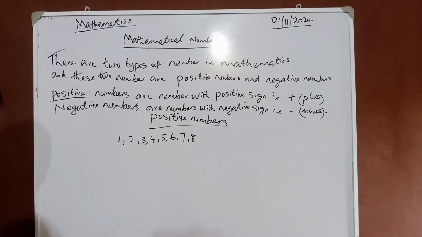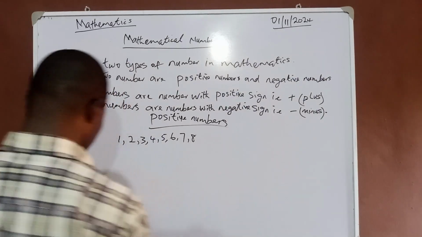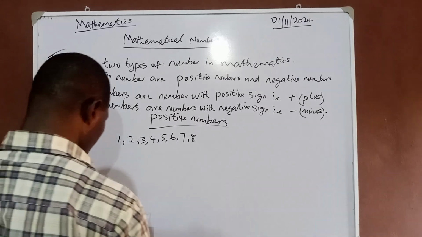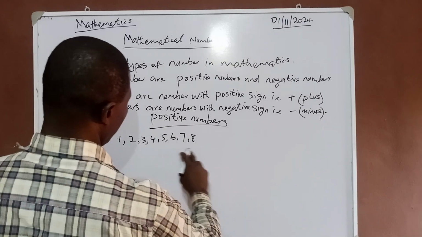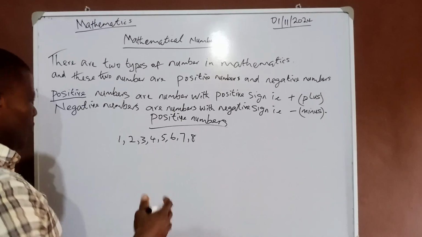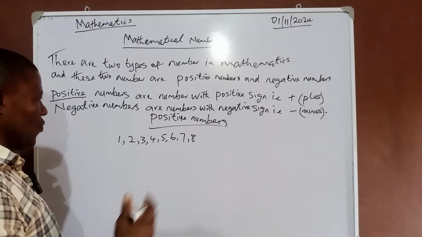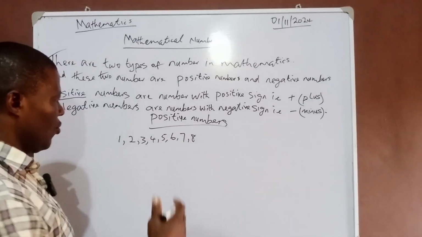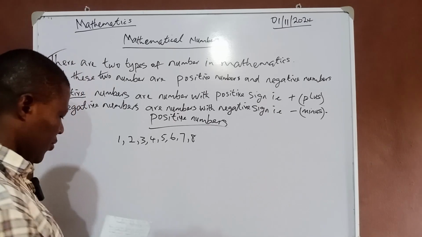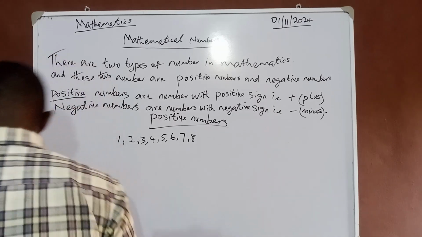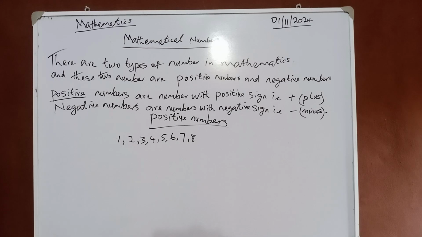So wherever you see numbers without sign, know that it is a positive number. And once you know this, you can always count 1, 2, 3 to 100 to 1,000 to 1,000,000 without mistake and with ease. And let us see how it can be done.